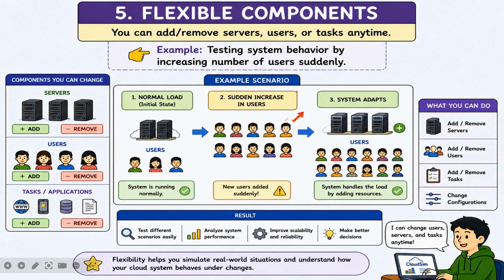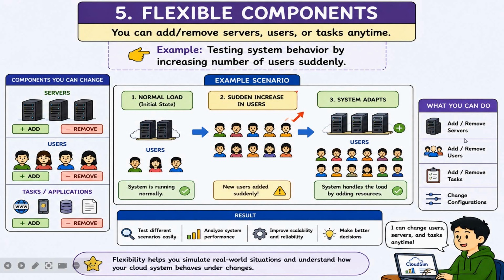In the second stage, the number of users suddenly increases, creating a heavy workload on the system. And in the third stage, the system adapts by adding more servers and resources in order to handle the increased demand efficiently. This demonstrates how CloudSim can simulate real-world cloud scenarios where workloads change dynamically.